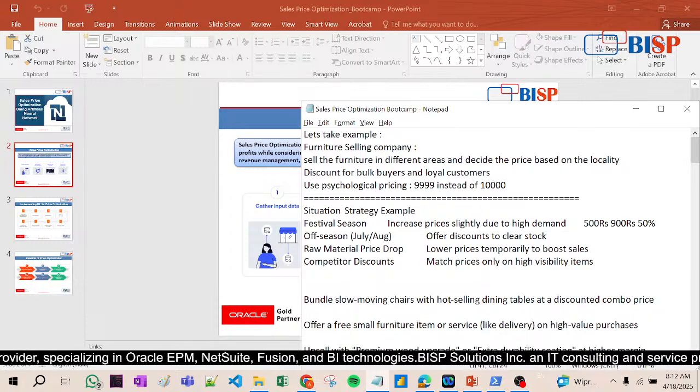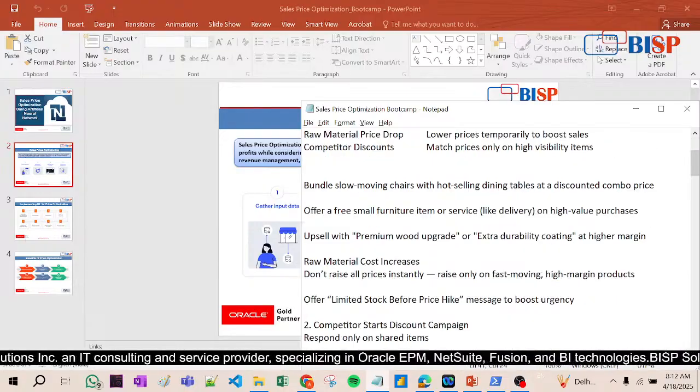That means increasing and decreasing the price based on the situation, based on the season, based on the people. It varies from person to person, and also based on the competitors, and on the area where you are selling your items. That is called optimizing the prices.